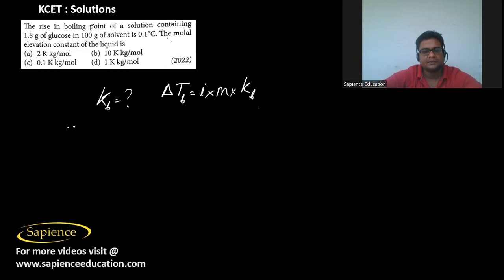So we have to find out the value of Kb, where we know that the elevation in boiling point delta Tb is equal to i into m into Kb. So the elevation in boiling point is 0.1 degree Celsius, and i is the Van't Hoff factor.